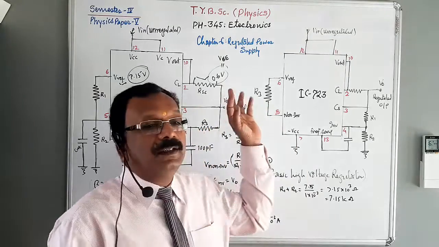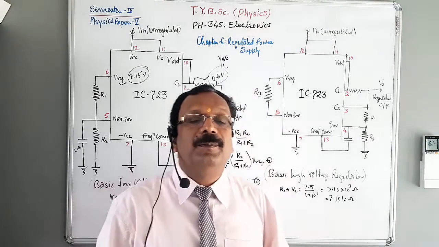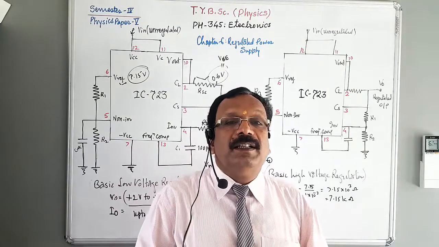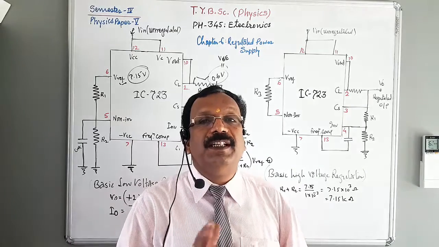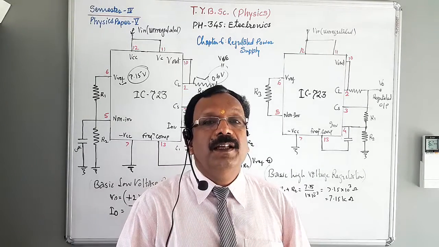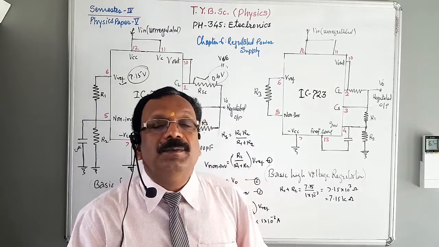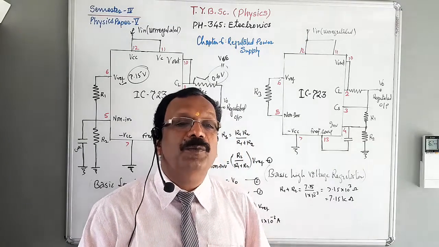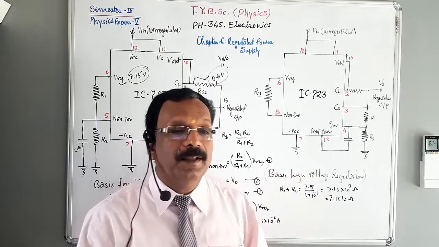Due to this, the transistor T2 is driven on, and when transistor T2 is on, it withdraws the base current of series pass transistor T1. When the base current of the series pass transistor is in control, then obviously the IC723 is saved from burning.